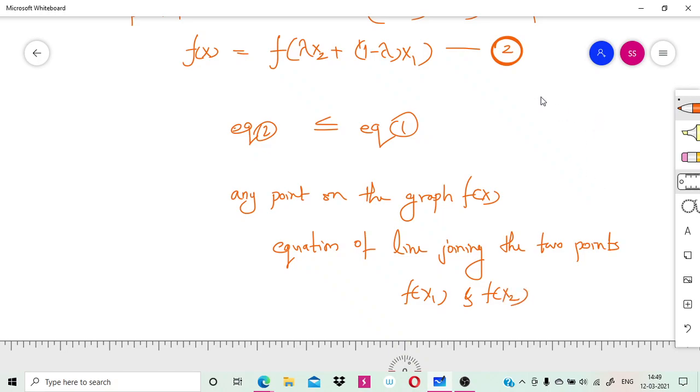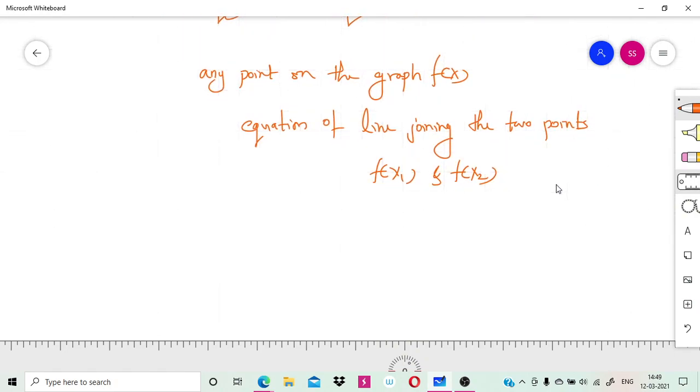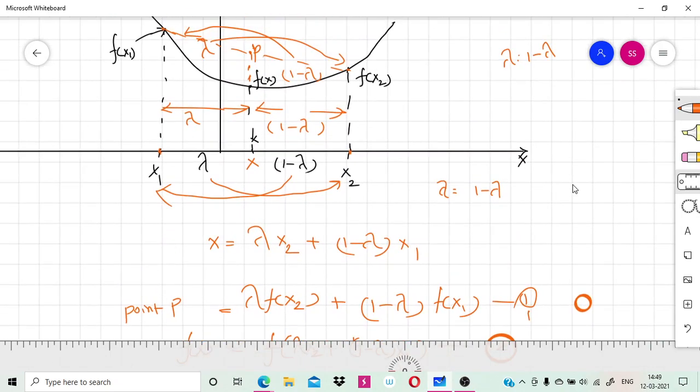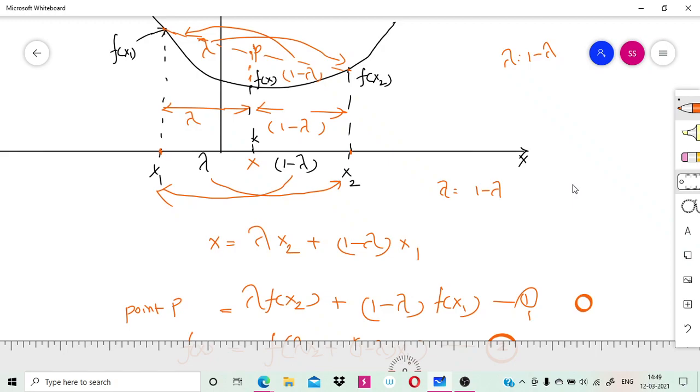So you can conclude that a function capital f of x is said to be a convex function if the line segment joining the 2 points, x1 and x2, lies entirely above or on the graph of f of x.